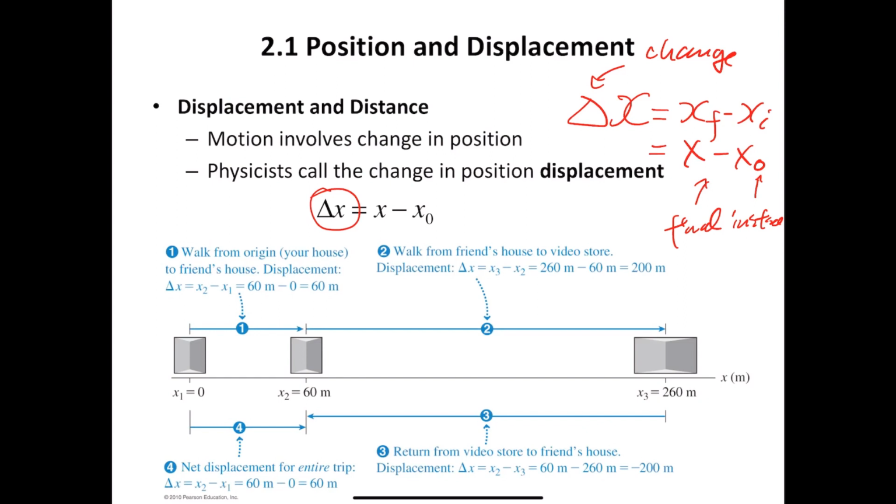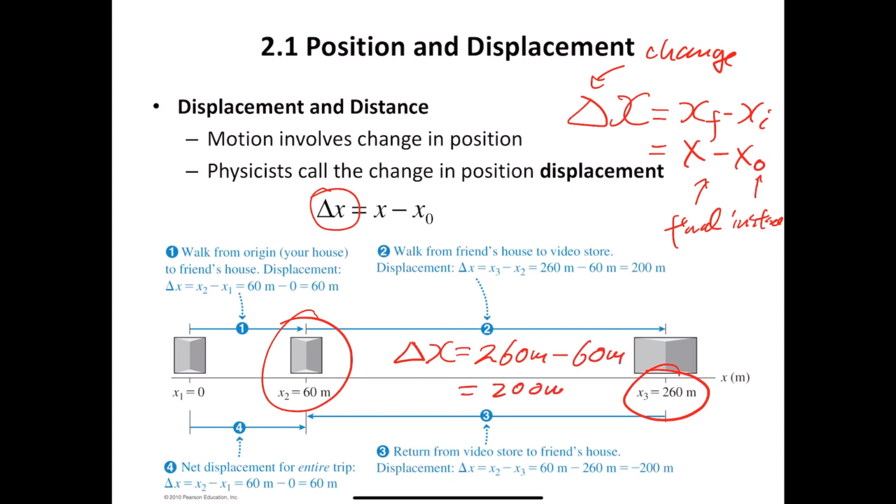Say for example here, if this one is x2 at 60 meters, x3 is at 260. So the change is final minus initial. So it's 200. Now how about x3 to x0, if it goes all the way back to the 0 point?